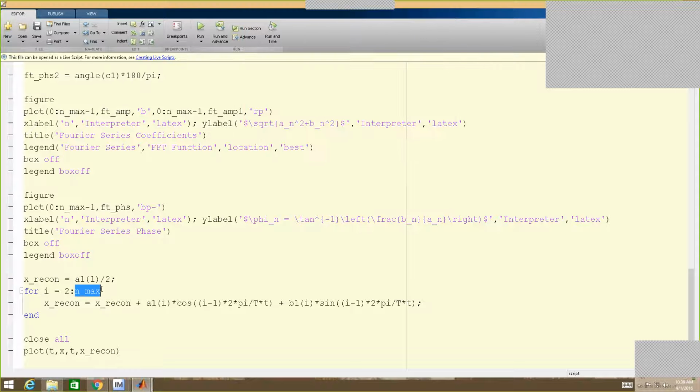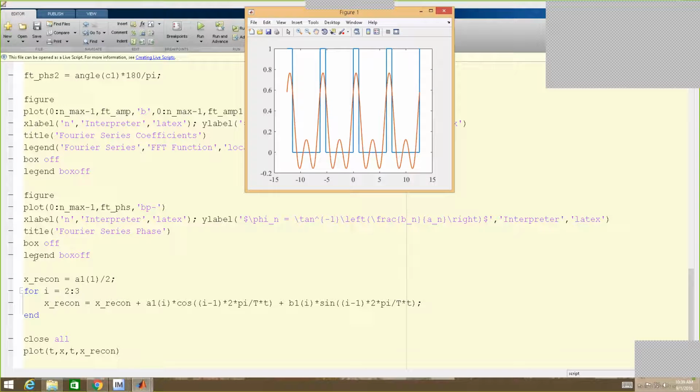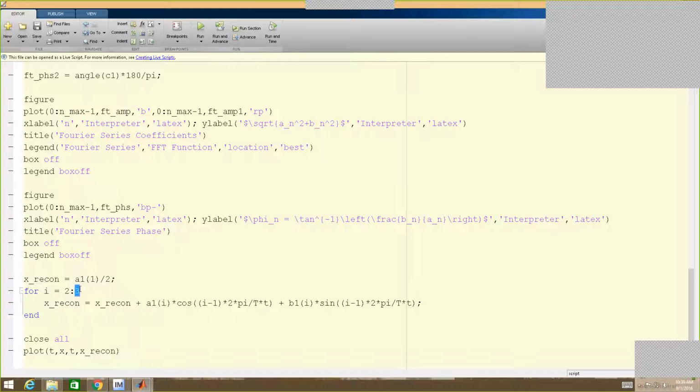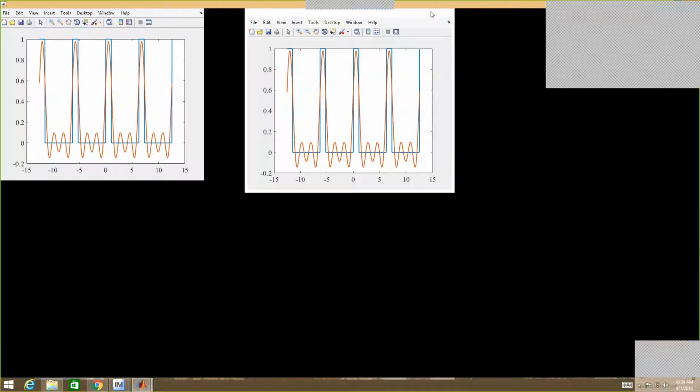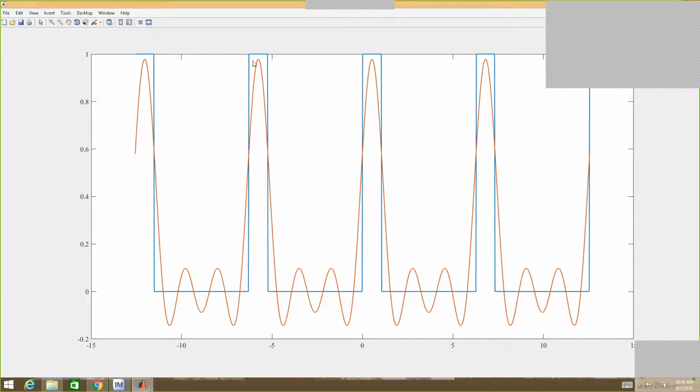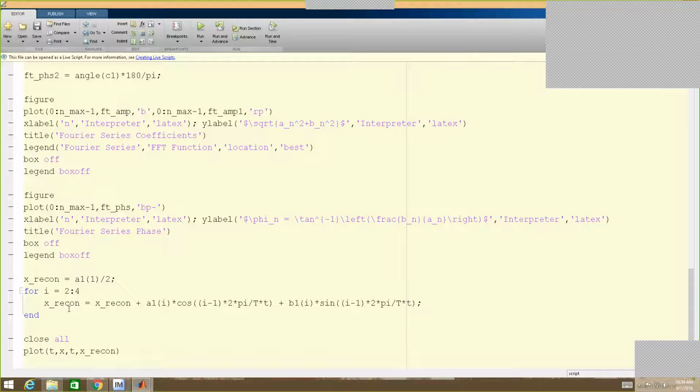So let's make this first just one term. This is what we saw. And then as we increase this number, we should see it approach better and better and better. So it's better. And then we make it 4. You can see it's reaching better, right? It's trying to get to the peak much better than the previous versions. Include 5 terms.